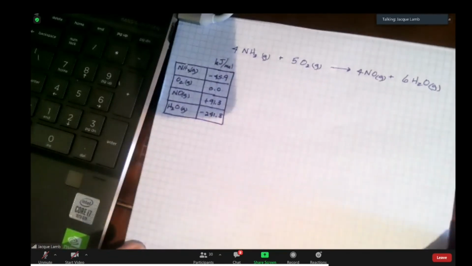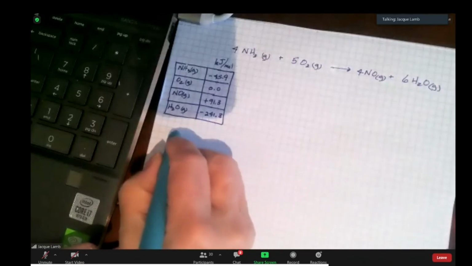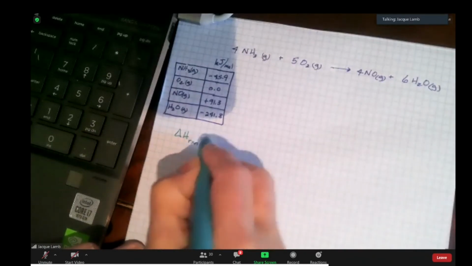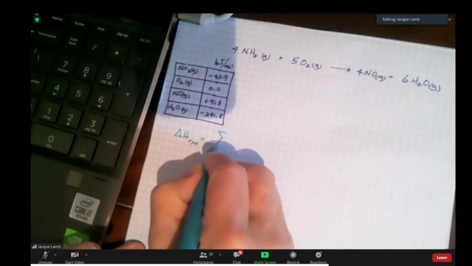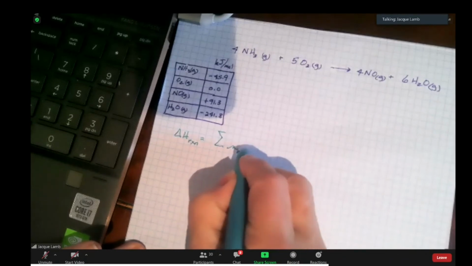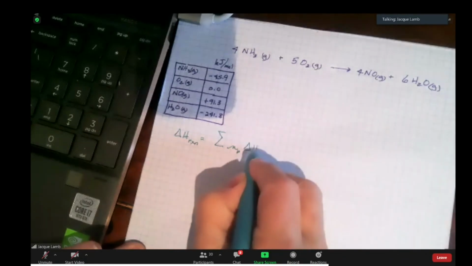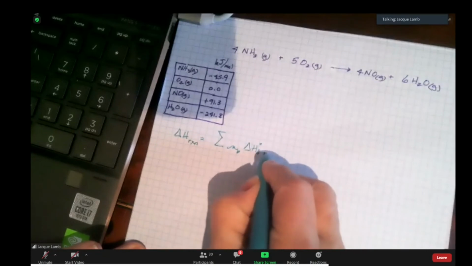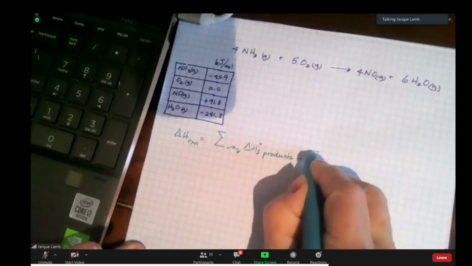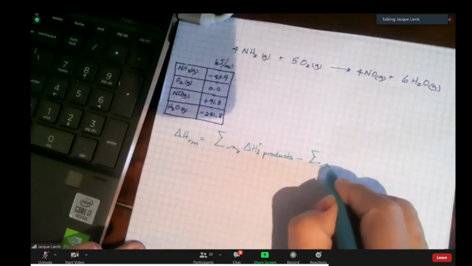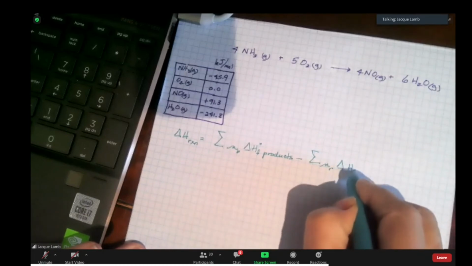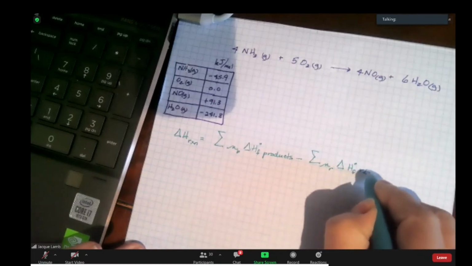So we would say that the delta H of reaction is equal to the sum of the number of moles of the products times the delta H of formation of the products, minus the sum of the number of moles of the reactants times the delta H of formation of the reactants.